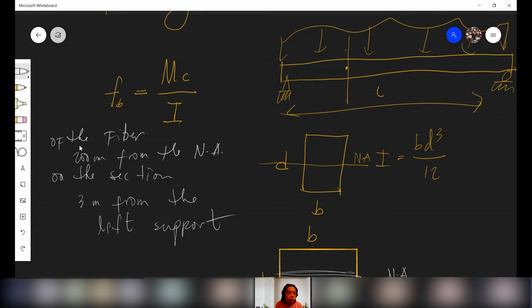Okay, kita niyo. Find the stress of the fiber 200 mm from the neutral axis on the section 3 meters from the left support.